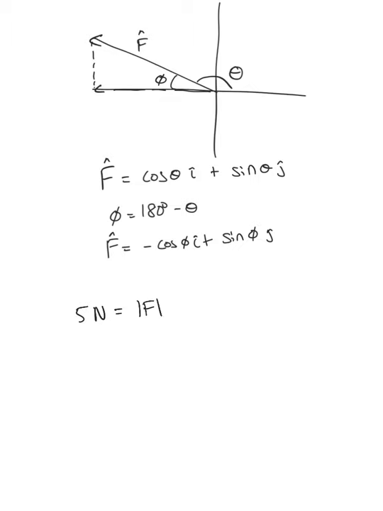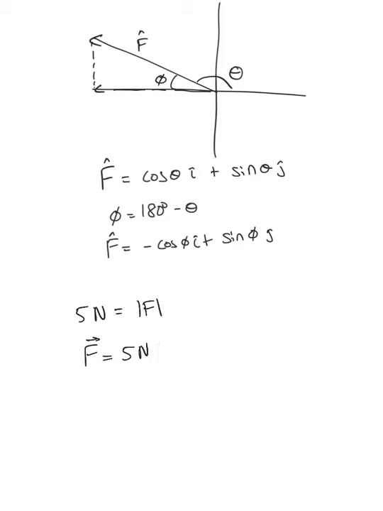So I have some force with a magnitude of 5 newtons, and I know that that force acts in the direction of f hat, my unit vector above. Well, I can write my force F as 5 newtons multiplied by f hat.